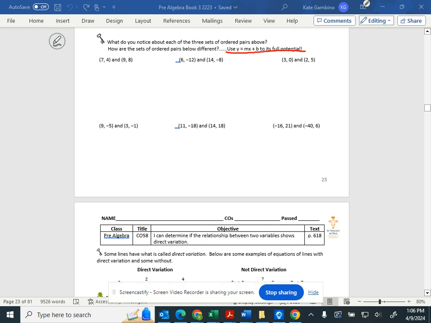Owen? 8 minus 4 over 9 minus 7, which gives me 4 over 2. Simplify that down to a 2, right? So I know my slope is 2. I need to find that y-intercept. So I know y equals mx plus b, so I'm going to fill in what I know. y equals 2 over 1, or 2x.